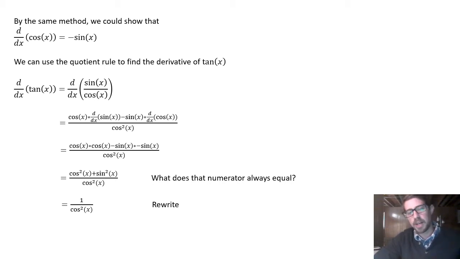And then we're going to say, okay, of course you remember that 1 over cosine is the same thing as secant. So that just simplifies to secant squared. So the derivative of tangent is secant squared. There's another one. Again, we'll summarize at the end. But now we have a derivative for the tangent function. It's the secant function squared.